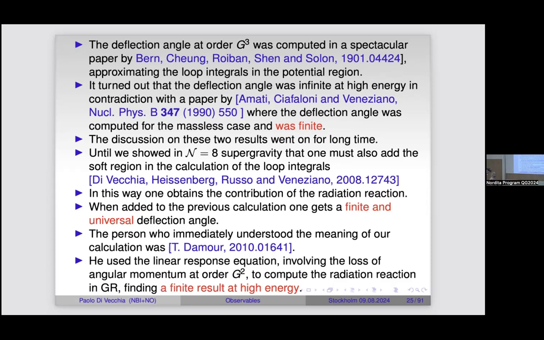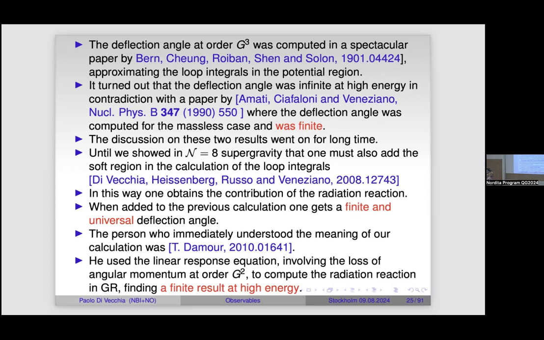Eventually, the problem was solved because we computed in N=8 supergravity the same quantity, and we found that you compute the loop diagram using the method of regions, but the potential region was not the complete expression. You need to add also the soft region. And then when you add the soft region, you get an extra term. And when you put this extra term in N=8 supergravity, then you get something which is finite at high energy.